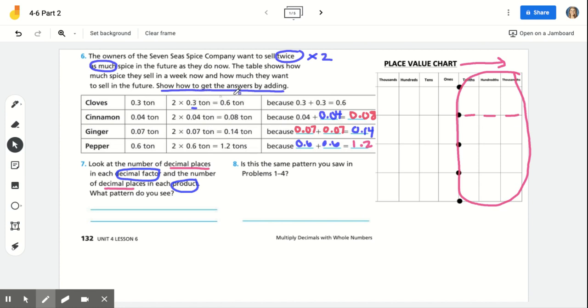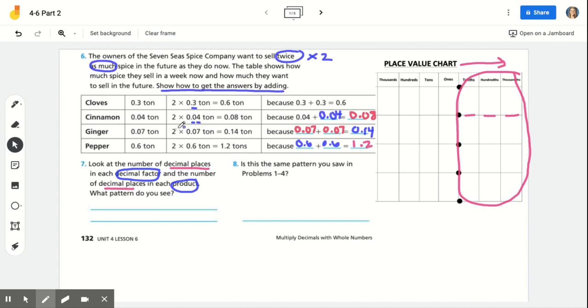Okay, for 2 times 4/100 tons, how many decimal places are there in the number 4/100? Well, we're looking at the decimal and anything to the right of it. I count out the 0 and the 4, so that's 1, 2 decimal places to the right of our decimal.